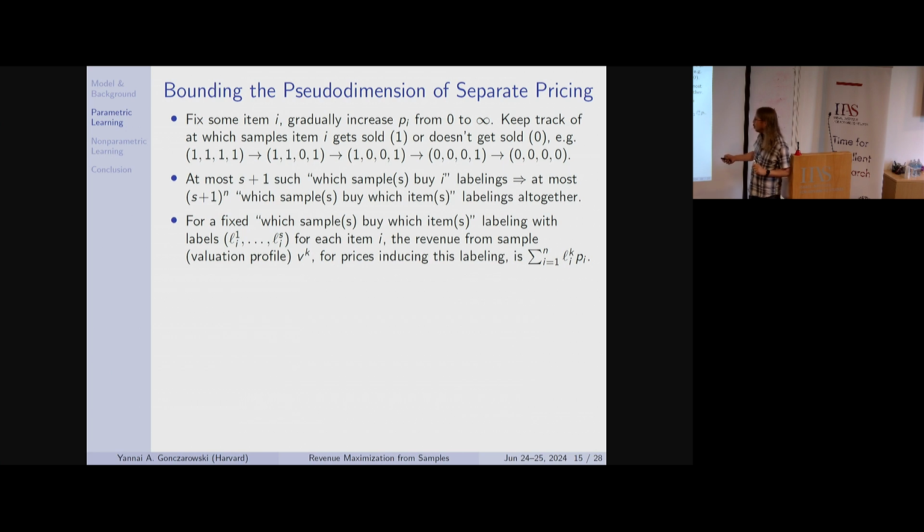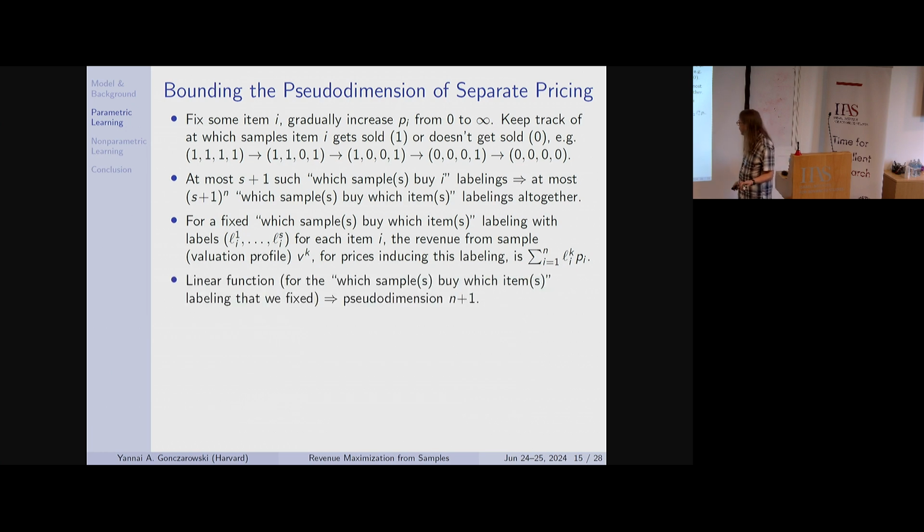If we know which sample buys which item, the revenue from a specific sample that is so labeled is a sum where I sum up only the prices of the items that are bought. This is a linear function, right? If for a moment I only think about prices that induce a specific which-samples-buy-which-items labeling, this is a linear function.